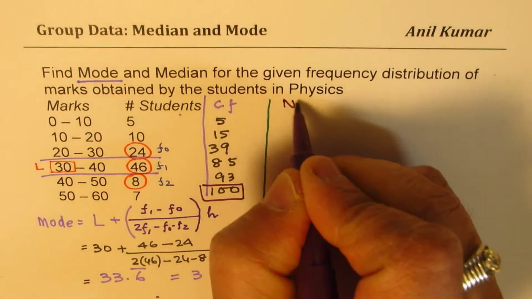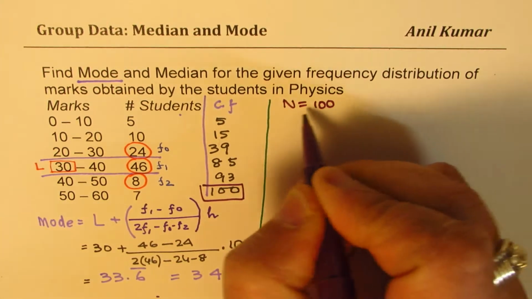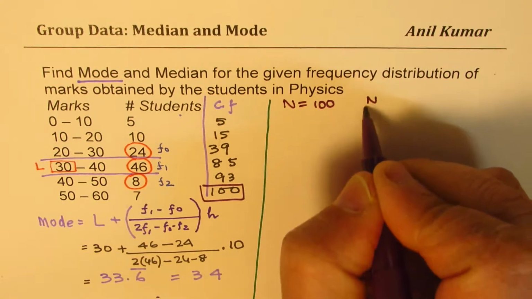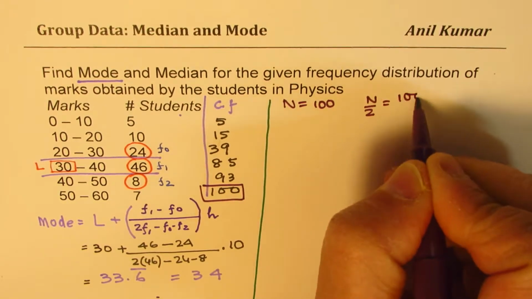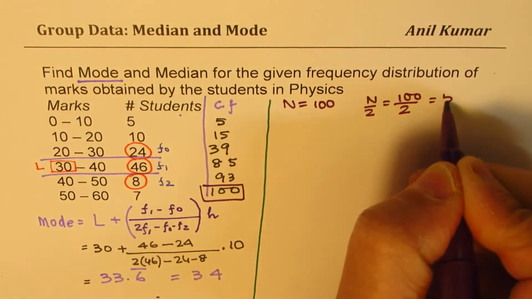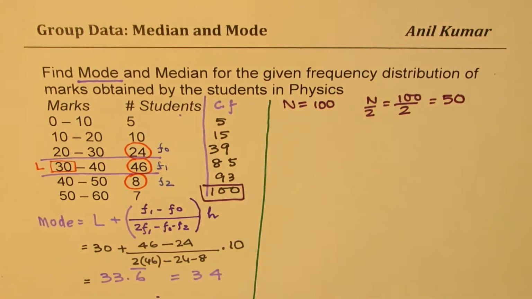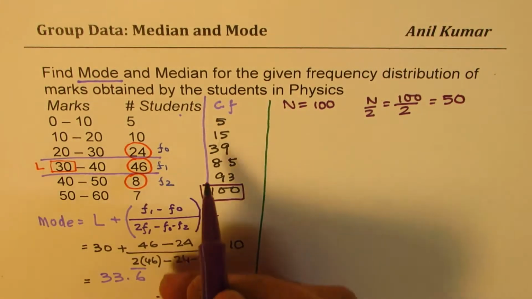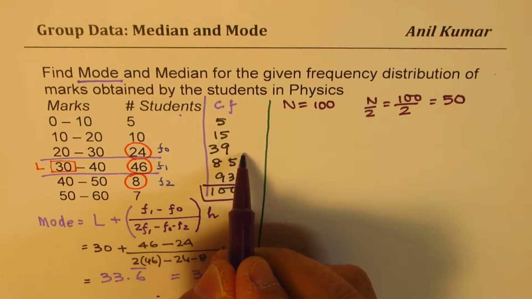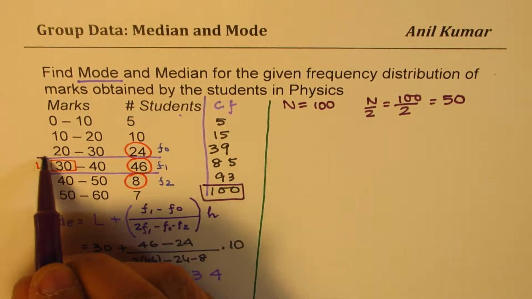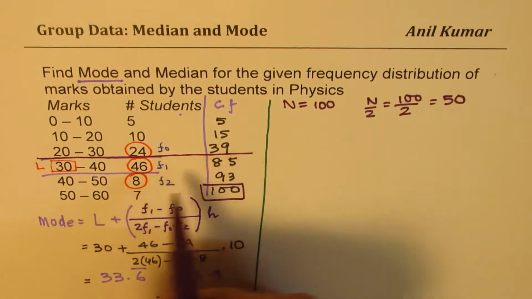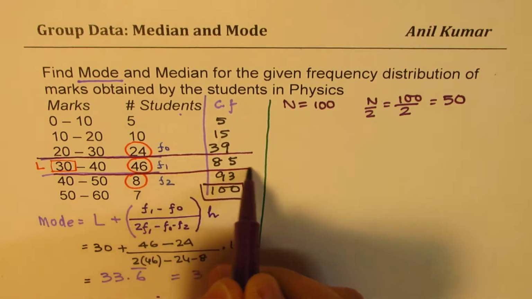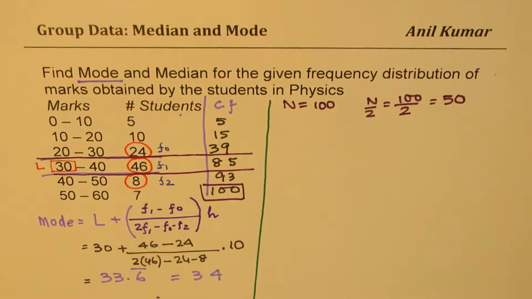So n divided by 2 is 100 divided by 2, which is 50. So that gives you the median class. Now 50 comes in this category. So let me just again draw this line. So that is the median class for us.